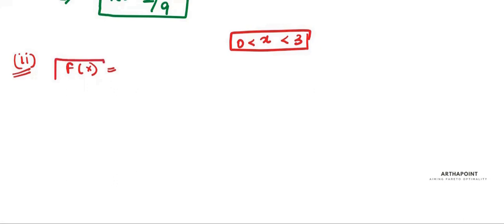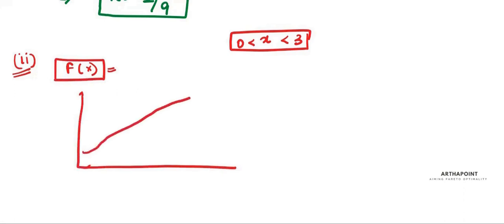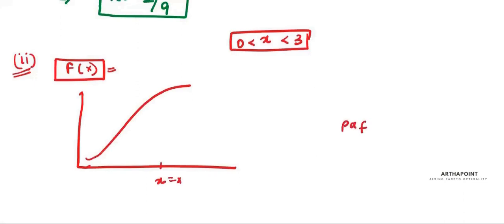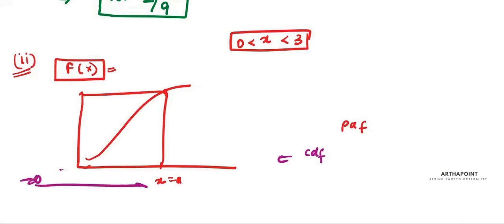Whenever I have to find the CDF of a function, suppose this is the curve. The PDF of a function is that when x takes a certain value, what is the probability associated with it? But the CDF of a function is, from minus infinity to that value, what is the total probability?